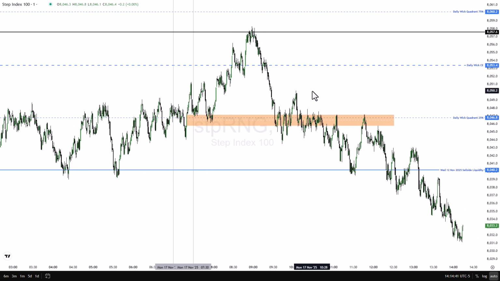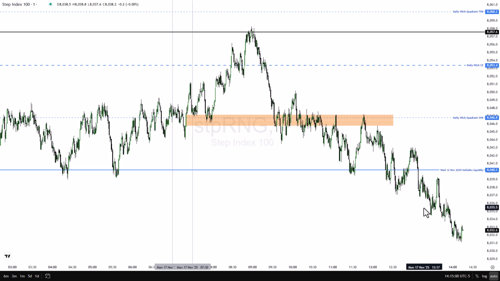Which inefficiency are we allowed to trade? Which inefficiency can be used for us to enter into the market, since we know that it is bearish, it is going into the downside to attack the liquidity?